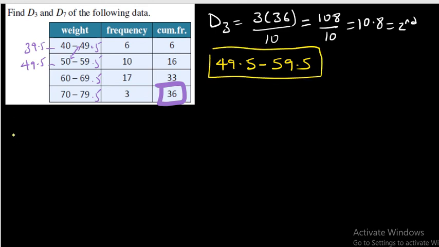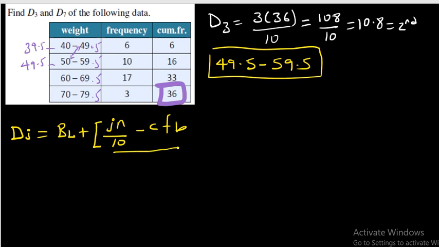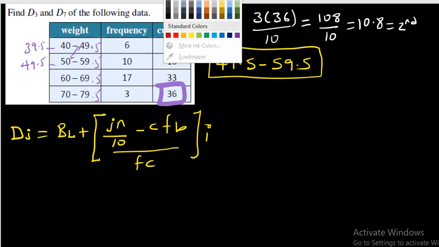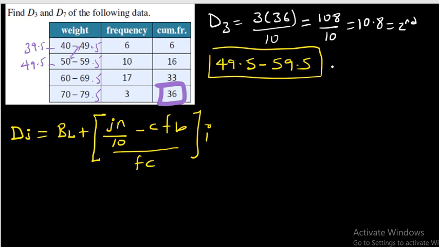First of all, let's state the formula. Dj is equal to BL plus, in big bracket, jn over 10 minus CFP, the whole over FC, times the interval I. This is the formula. As inputs, what we need: BL, that is the lower class boundary, 49.5.